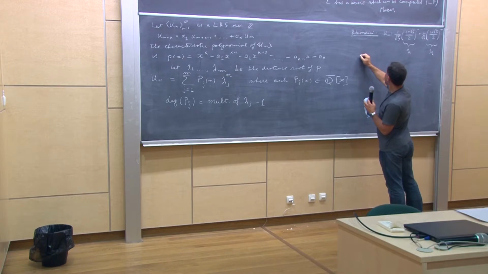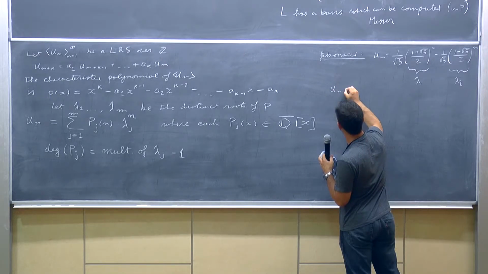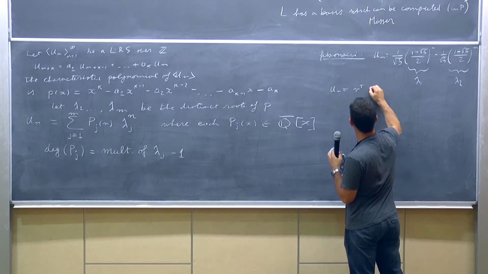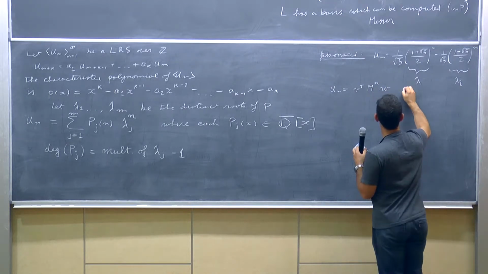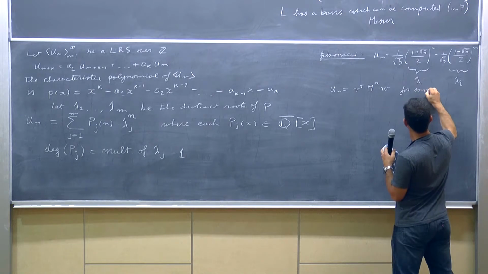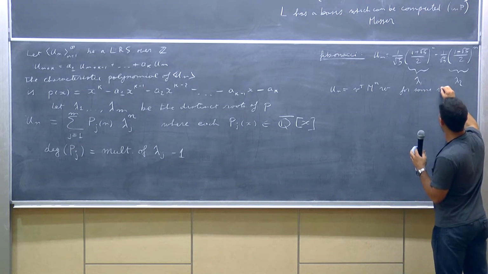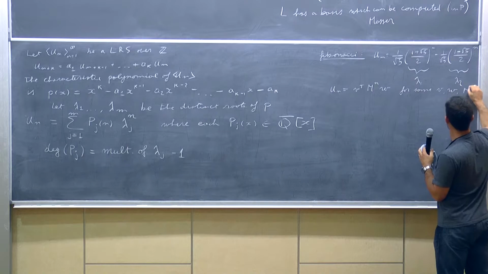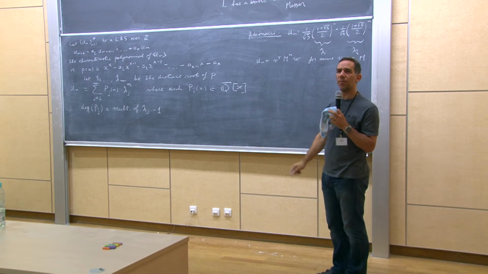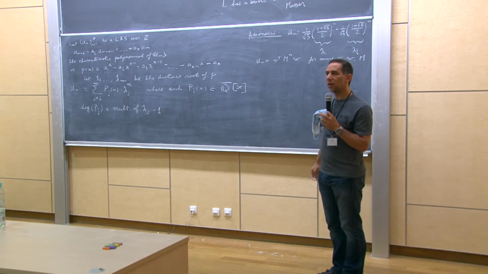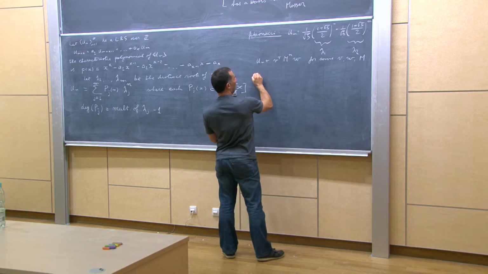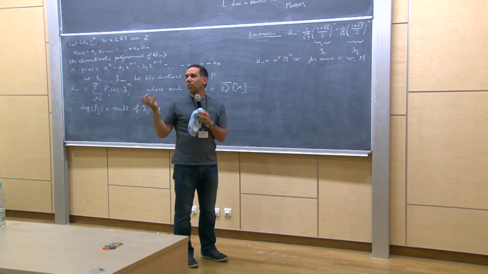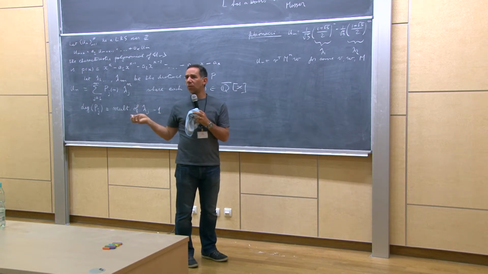So recall that u_n could be written as v transpose M to the n w for some vectors v, w, and a matrix M. Okay, we did this yesterday. Now, any matrix M can be put in Jordan normal form.